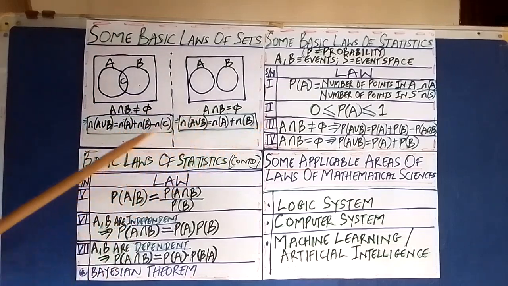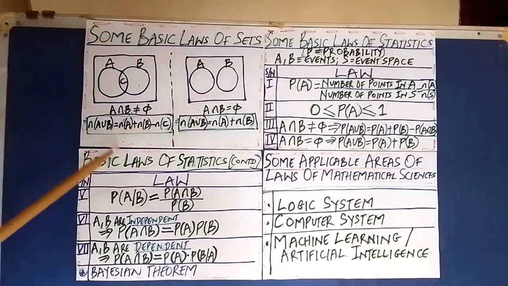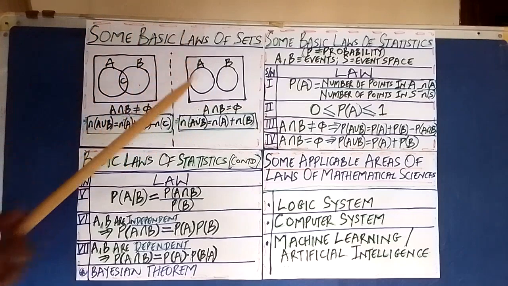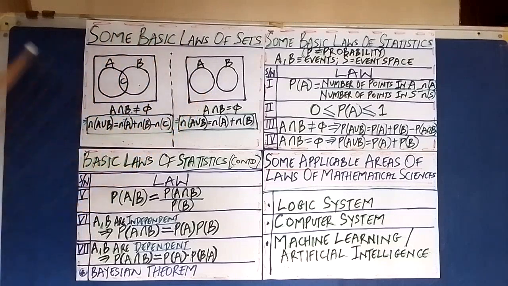So that's why it just reduces to these first two terms when A and B don't have elements in common. So this is a very important law of mathematics, the law of sets, and it has a lot of applications in real life, in diverse areas such as social sciences, accounting, finances, many other areas apart from the natural sciences and engineering.